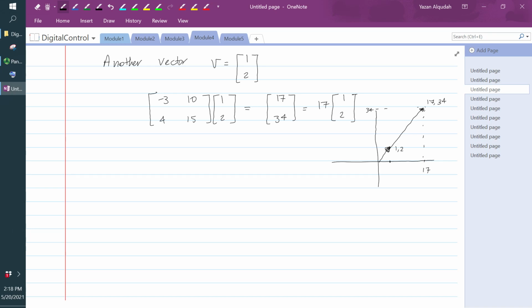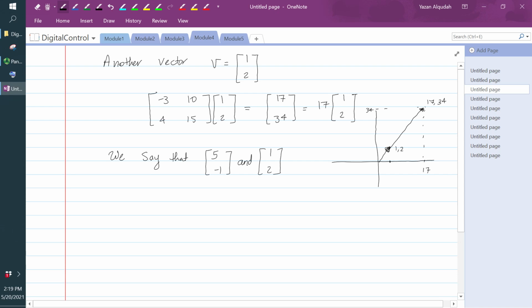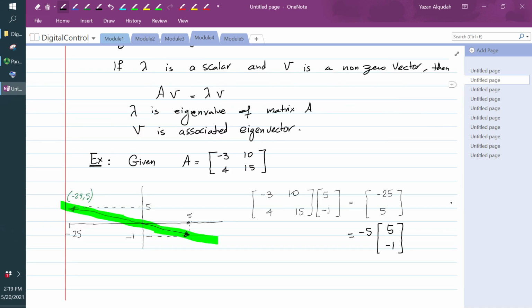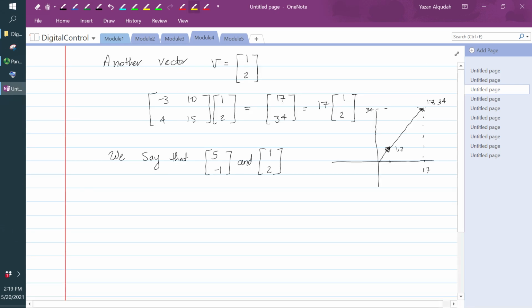So again, to conclude all this, we say that the values of 5 and negative 1 and 1 and 2, which are these two vectors, the 5 and negative 1 are this one, and 1 and 2 is this one. Both of these are considered eigenvectors.